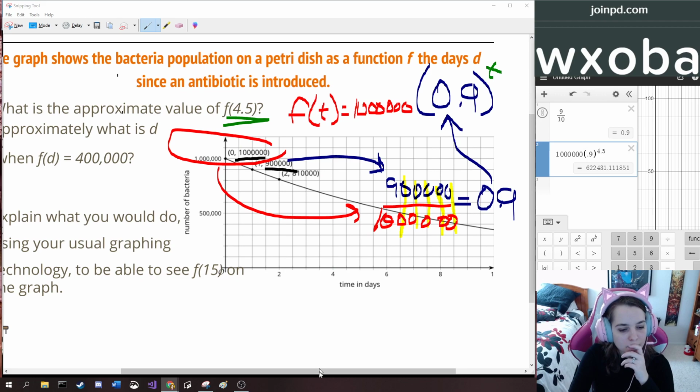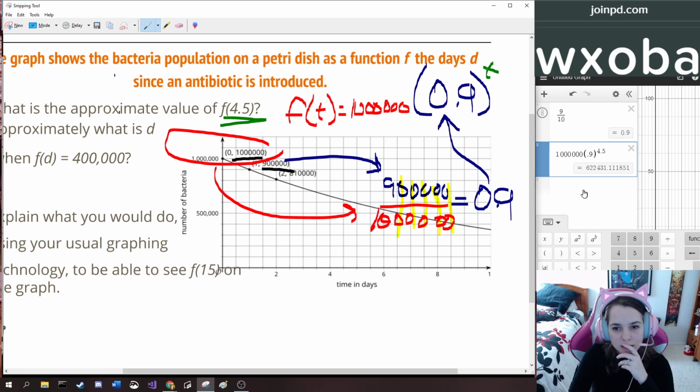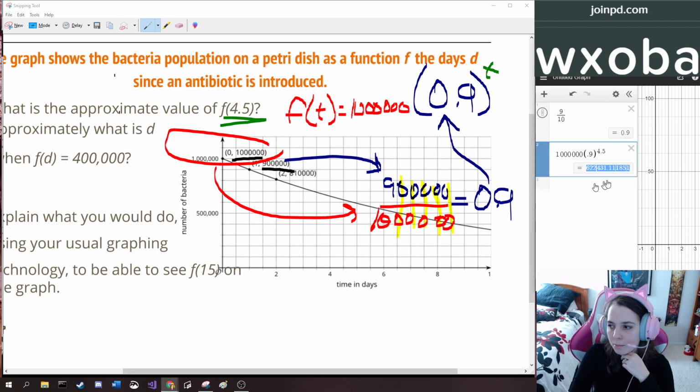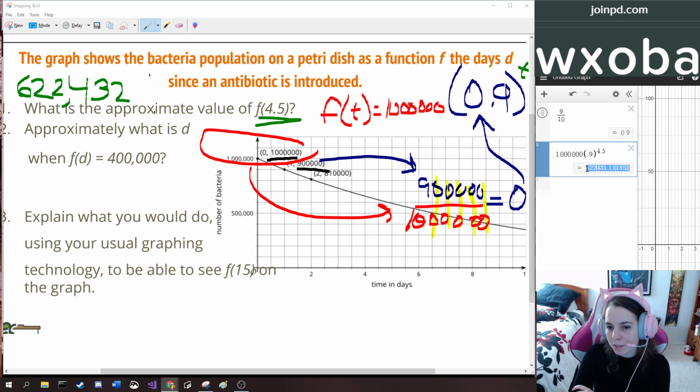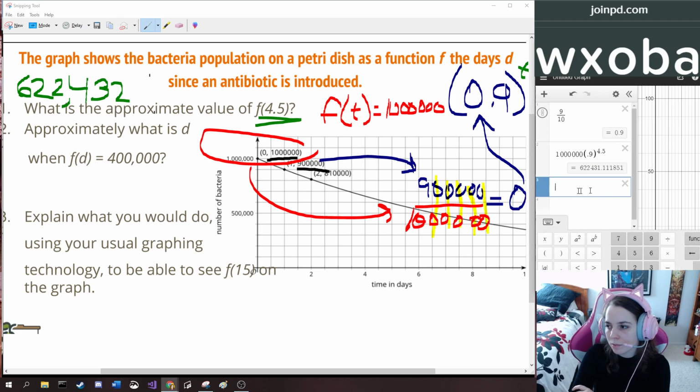Okay, so the amount of bacteria, the reason it's an approximation is because you cannot have a portion of bacteria. So a good approximation for the first one would be 622,432 bacteria. Okay, so because it's bacteria, I'm just going to round up.